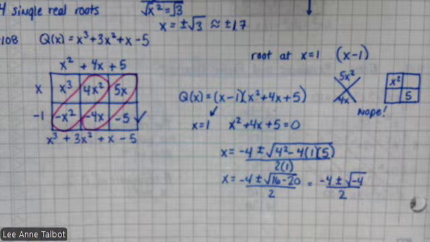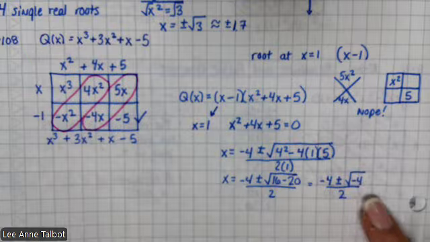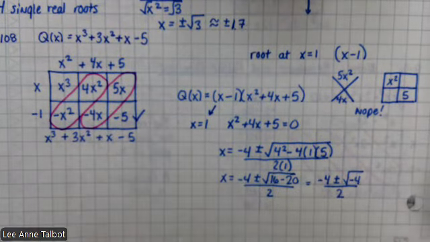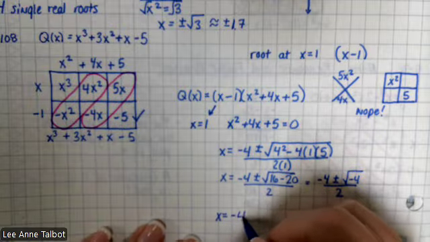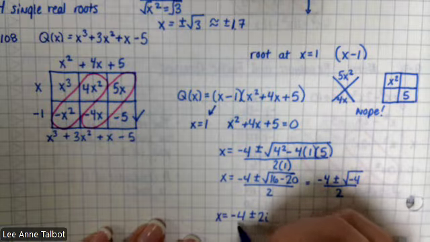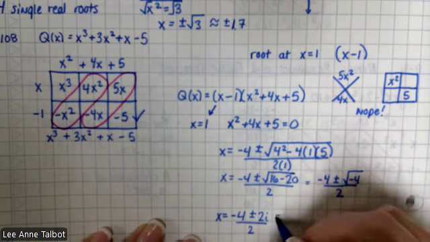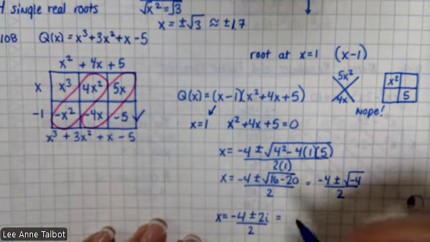Okay, what's the square root of negative 4? 2i, right? So the 2 from the 4 and the i from the negative. And then reduce.